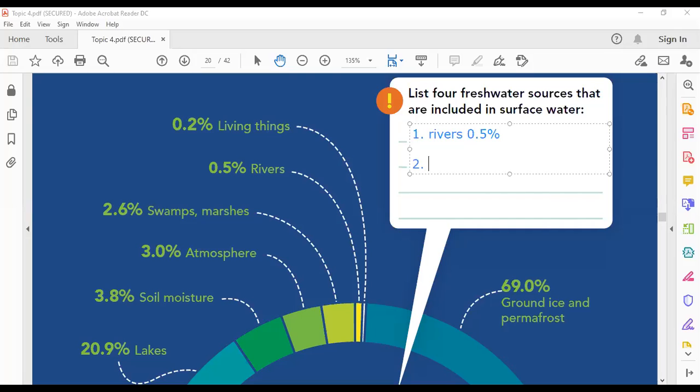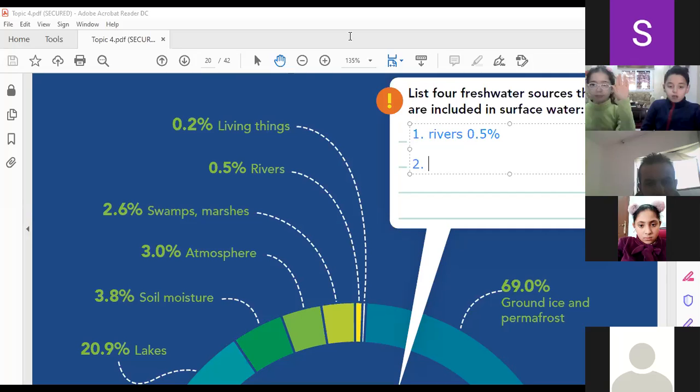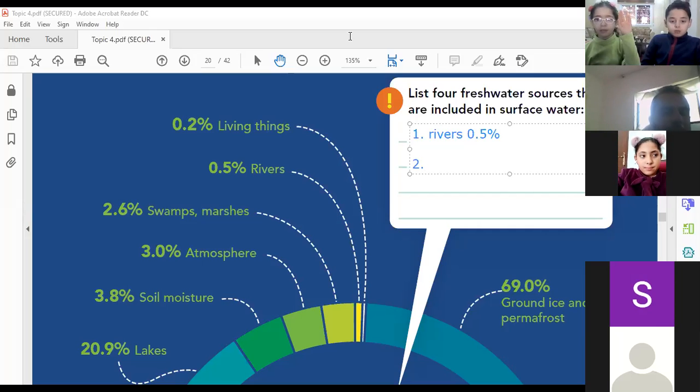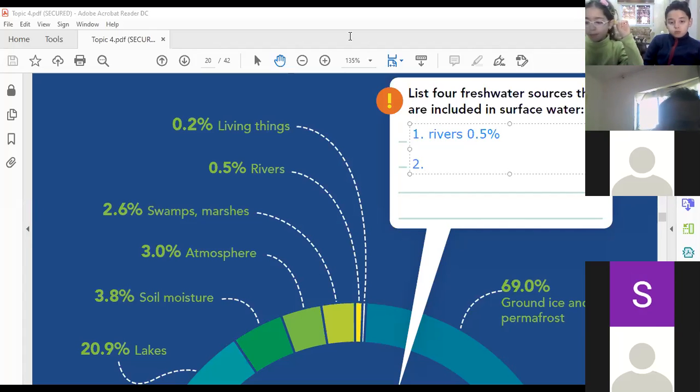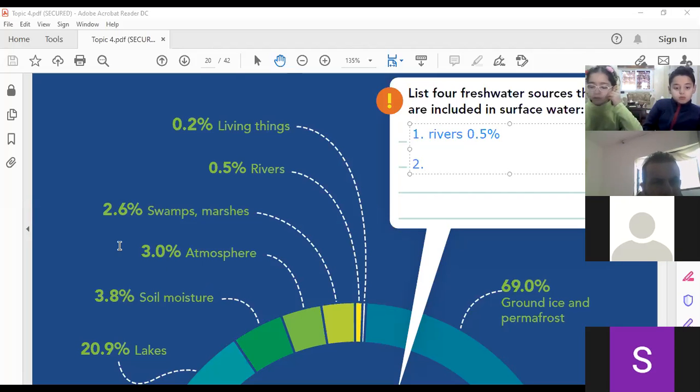Number two, who can answer? Ponds? Okay, you can use this big figure. You can find it from this figure.